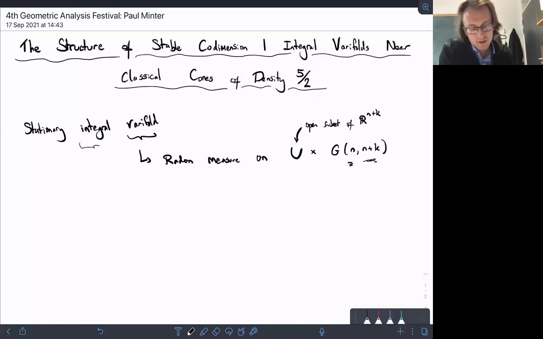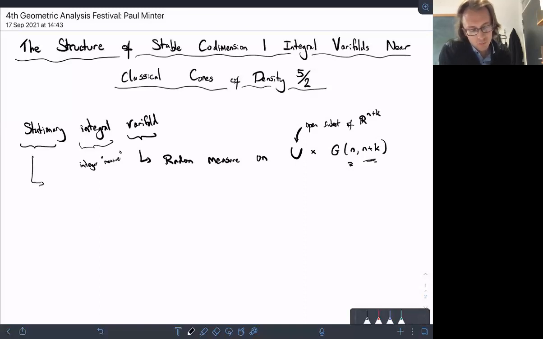The integrality assumption is an assumption on the measure, essentially that the density of the measure at every point is an integer almost everywhere. So this essentially just means integer measure. So the density is integer almost everywhere. And then the stationarity is where the minimality for a minimal surface comes in.